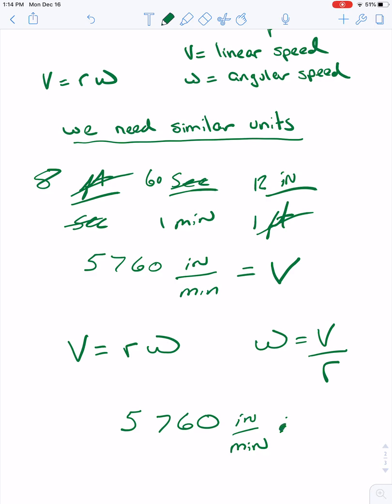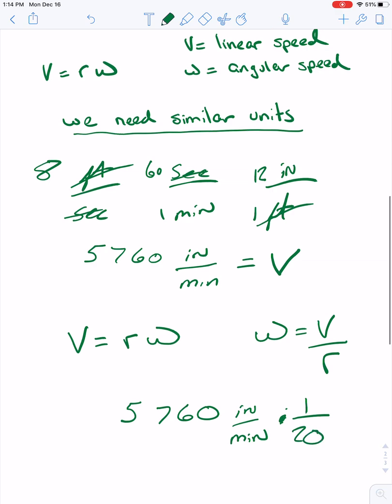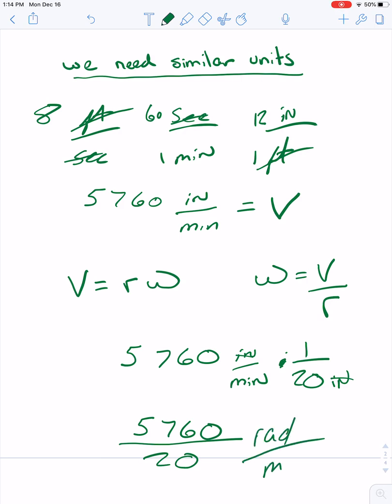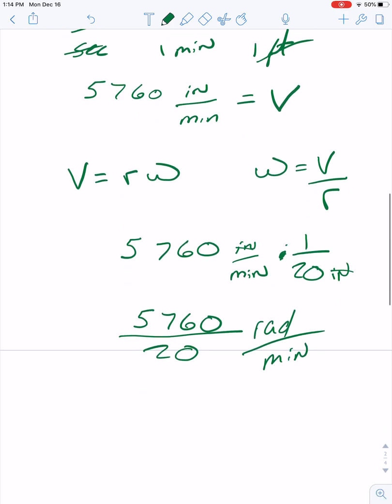So that's the same as multiplying by 1 over 20. And that's going to give us 5,760 divided by 20 radians per minute. And that reduces to 288 radians per minute.